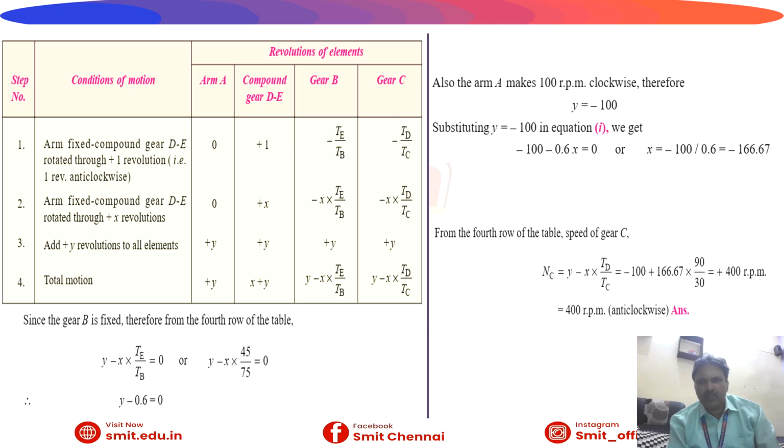So x is equal to minus 166.67. The speed of gear C, NC, is the last row, last column expression: y minus x into TD by TC. Substituting the values, we get 400 RPM in anti-clockwise direction.